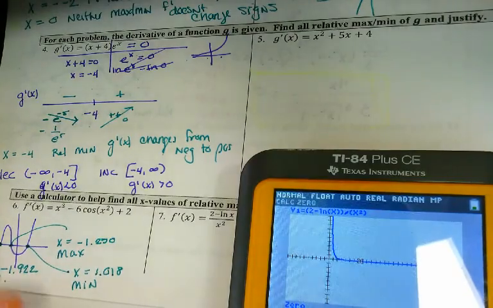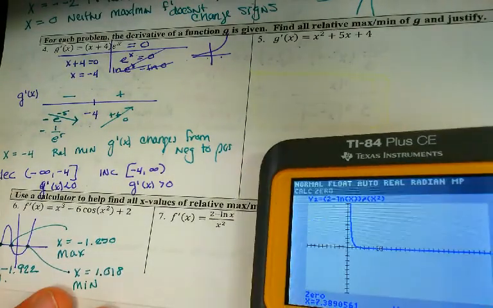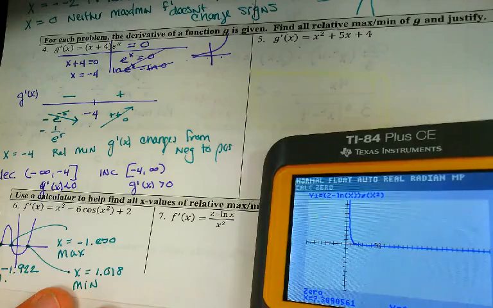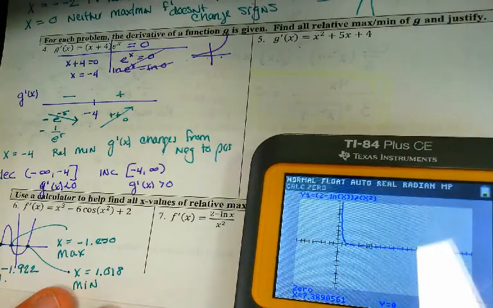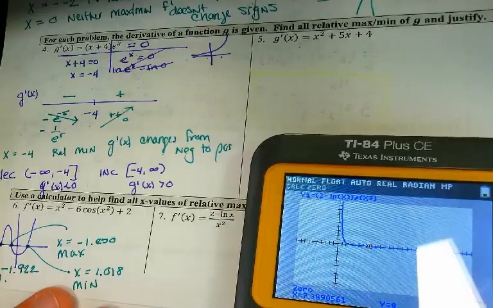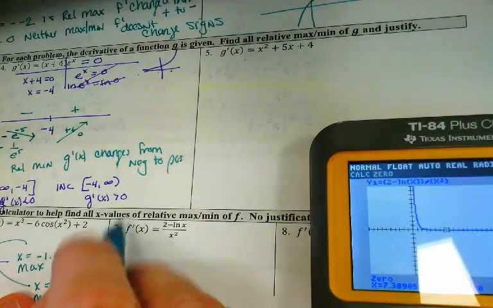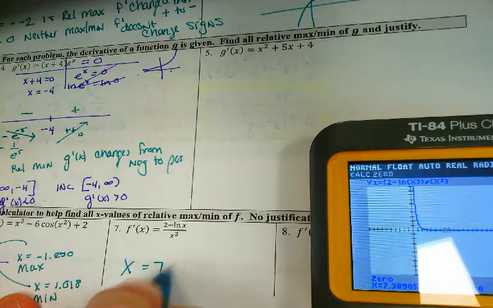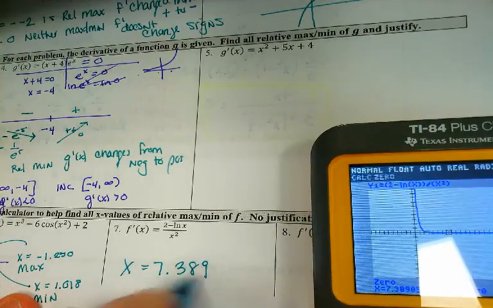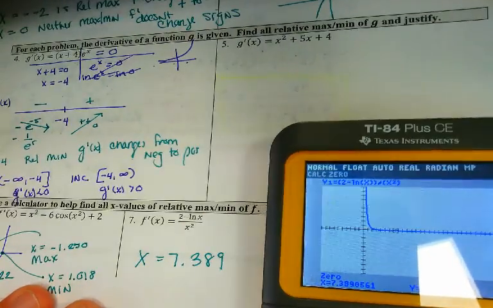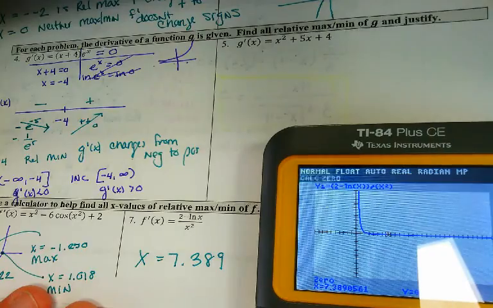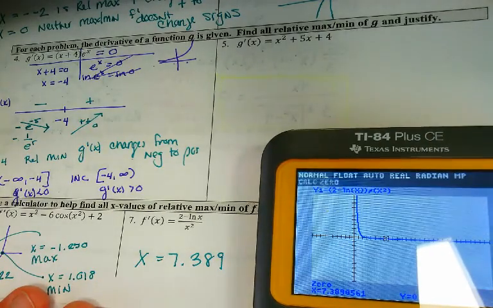I think I got a 0. I think it happens on the 10 by 10 window. Yeah, that x equals 7.39. A little bit. Is it a max or a min?